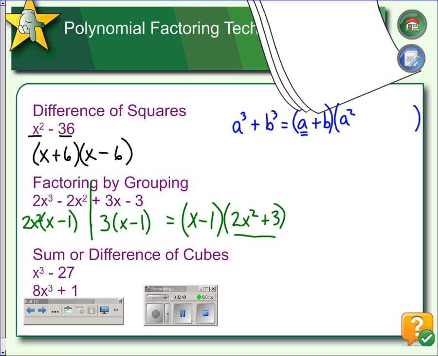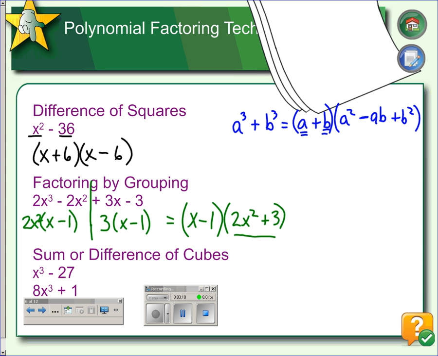Our sign here will be the opposite to the one that we had in the first parenthesis. And then our second term will be the first term times the second term. And our final term will be the second term squared. That's how you factor a sum of cubes.